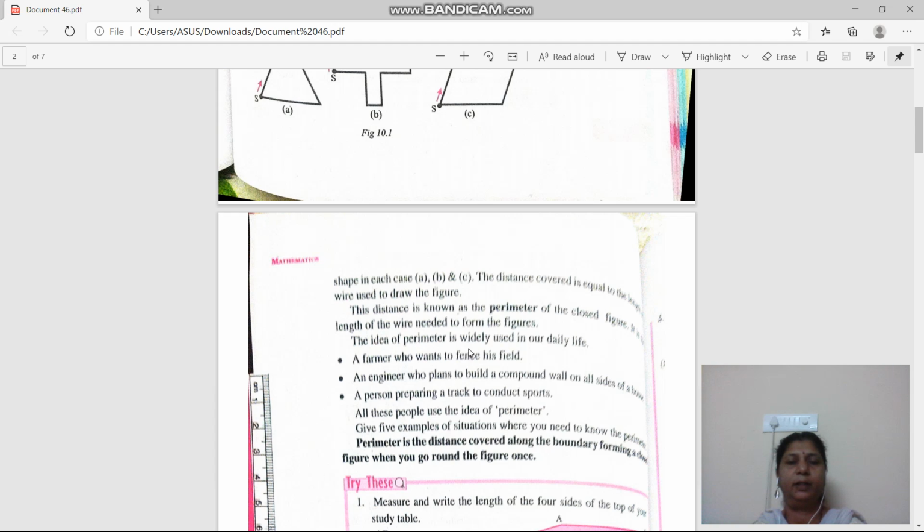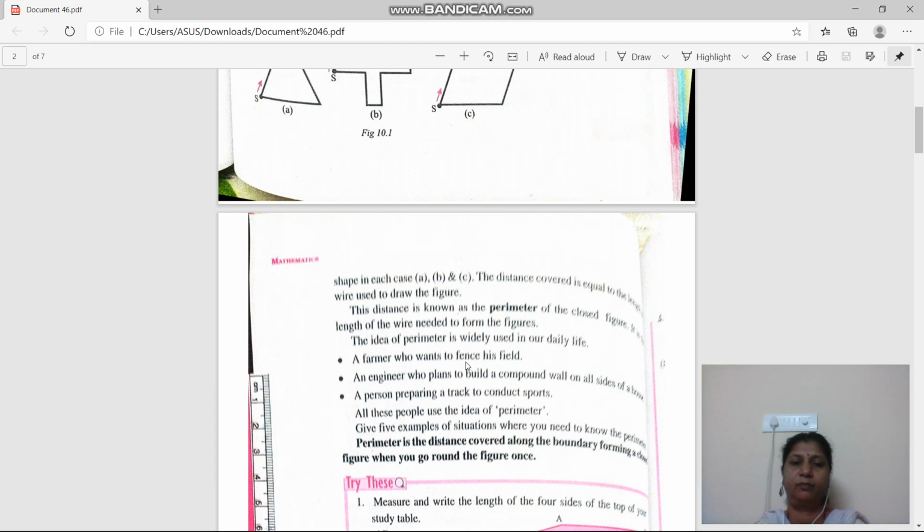The idea of perimeter is widely used in our daily life. Of course, most of the time this perimeter is used. See, a farmer who wants to fence his field, definitely any farmer wants to fence his field for protection. And one more thing, we also make a fence around our house.